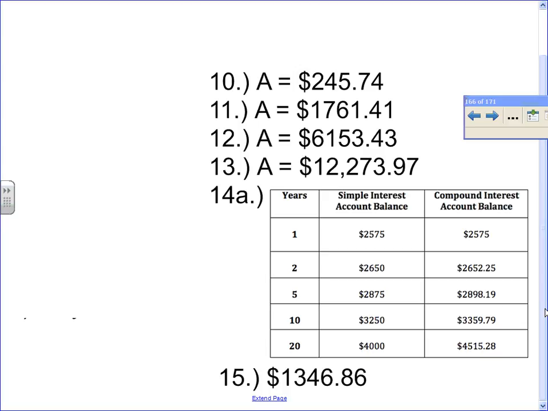Okay, hold on. Okay, tell me what you typed in. No, it should be times 1.3.